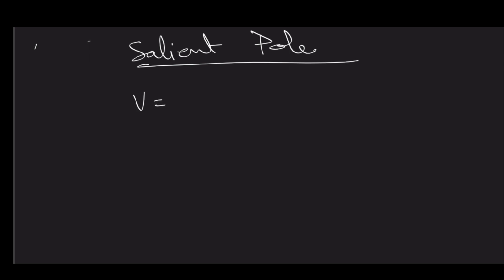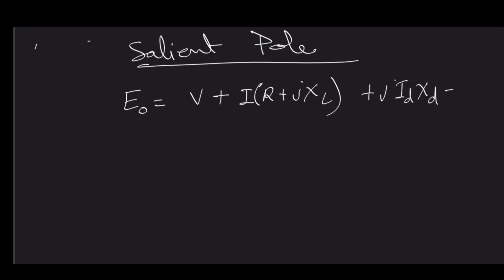V is equal to what? Previously, E naught is equal to V plus I R plus JXL plus JIDXD plus JIQXQ, right?